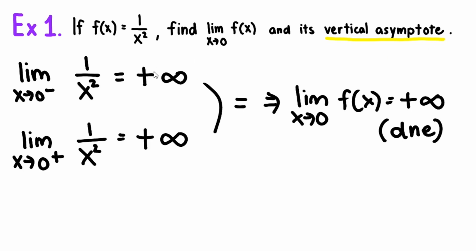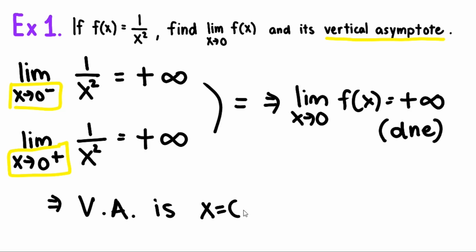Since the one-sided limit is equal to positive infinity, we can conclude that the vertical asymptote for the function 1 over x squared is x equals 0. So that is the answer for this problem.